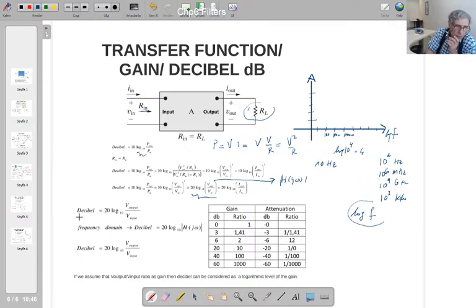Then this is the commonly used decibel definition in terms of voltages here. So this term, although it seems as if there is a dimension in here, it seems as a unit, but it is not a unit. Why is that? Because voltage over voltage is unitless, isn't it? So there is no dimension there.